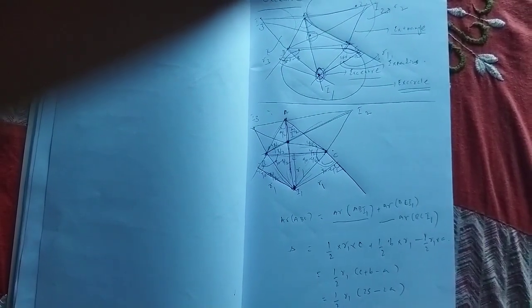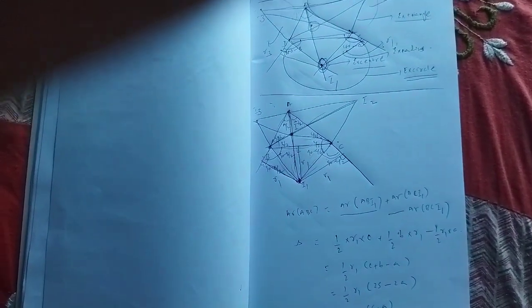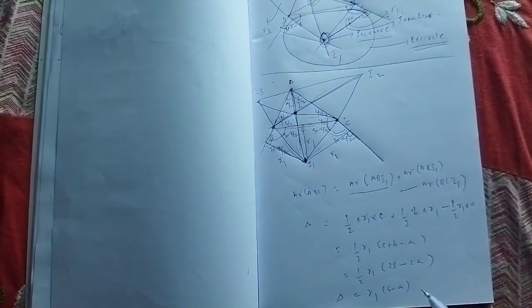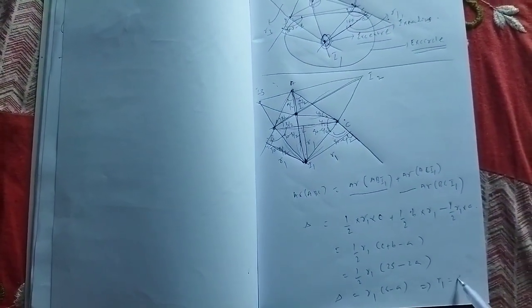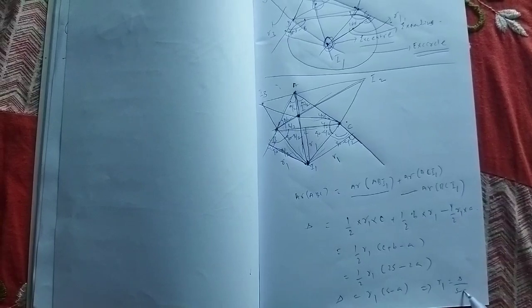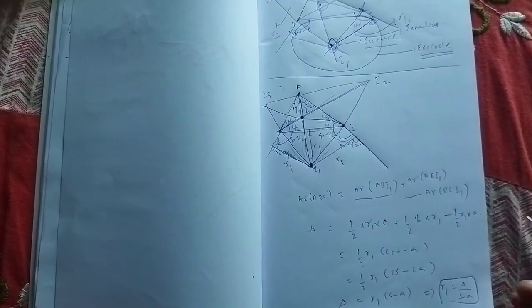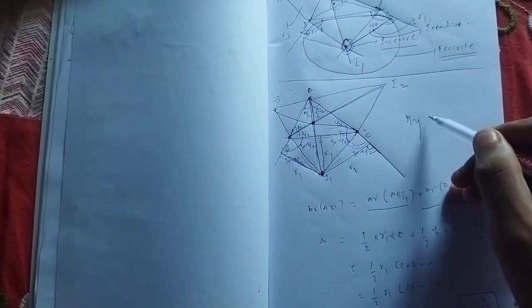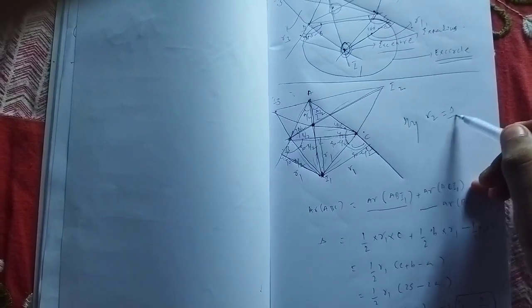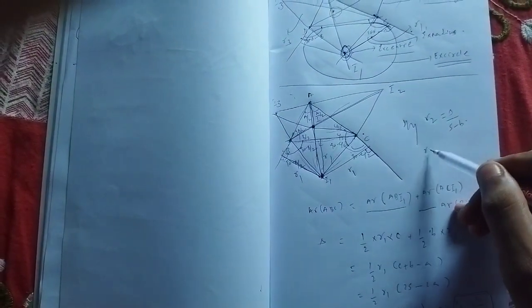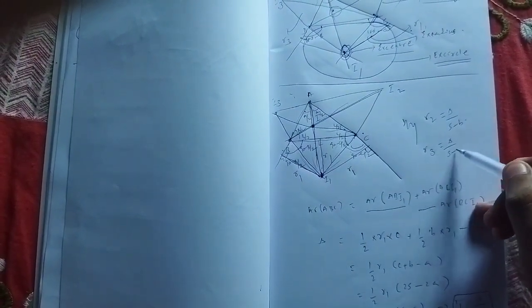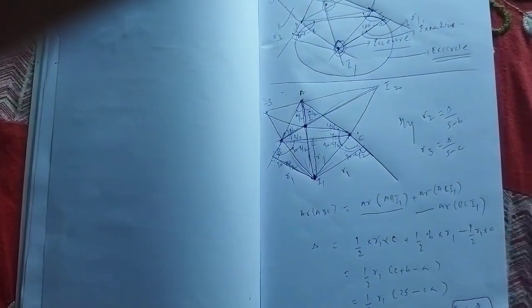So r1 into (S minus A) equals delta, right? That implies r1 equals delta by (S minus A). Similarly, we can prove r2 equals delta by (S minus B), r3 equals delta by (S minus C), right?